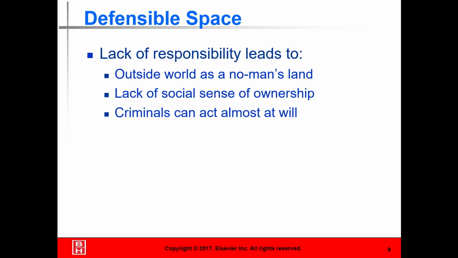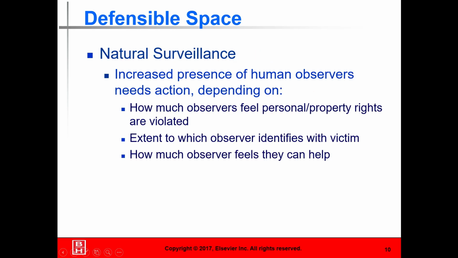There's a lot of crime happening because it's become isolated. You don't have that sense of community where we watch out for each other. When we don't have that responsibility, crime can go unchecked. The criminals don't feel like they have to worry about anything. And that's what we're seeing happening.